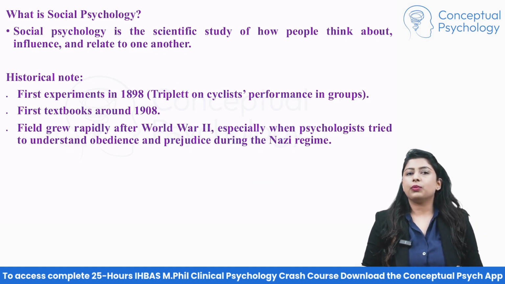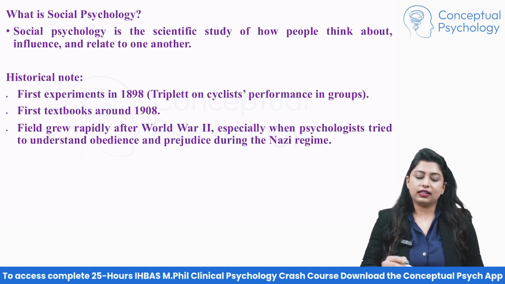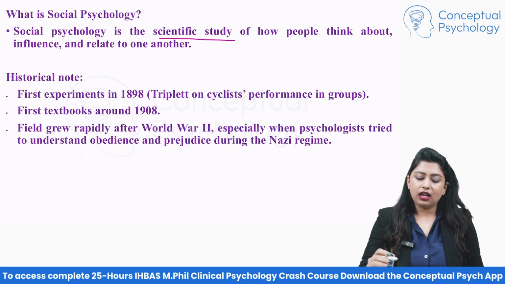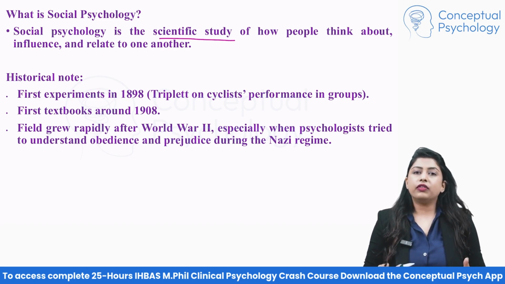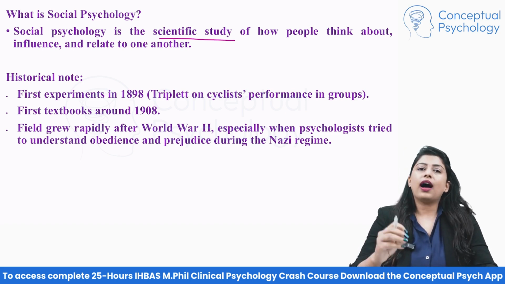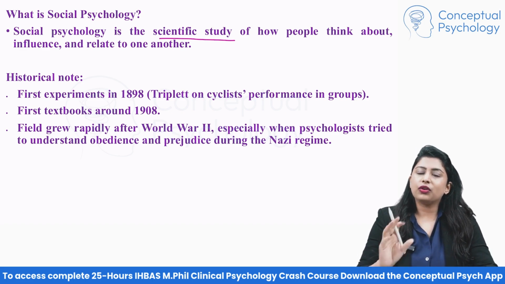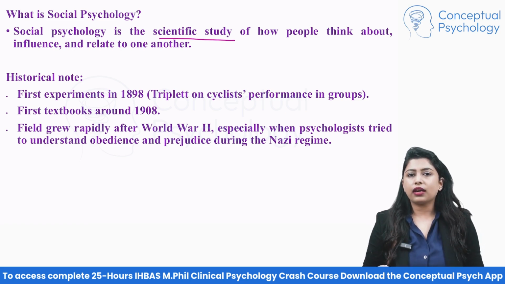Now, starting with what is social psychology? As you know, social psychology is a scientific study of how people think about, how they influence, and how they relate to one another. Unlike sociology, which looks at large groups and societies, social psychology focuses on individuals in social situations.